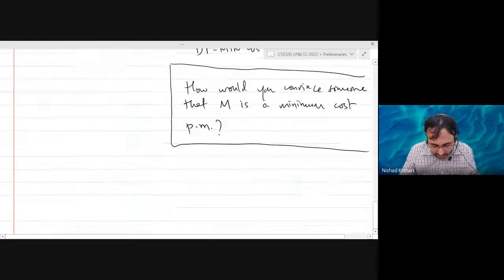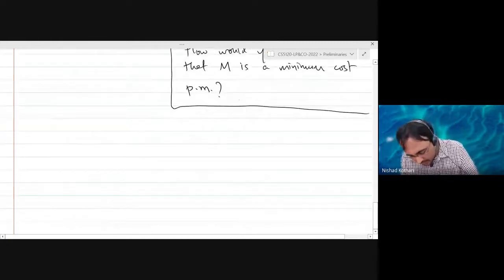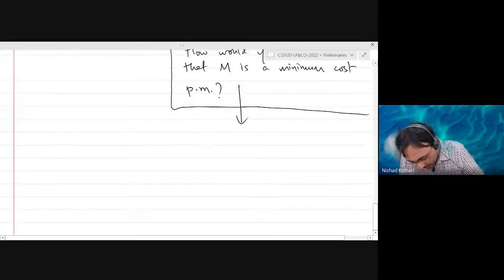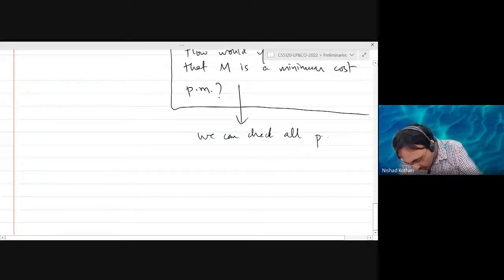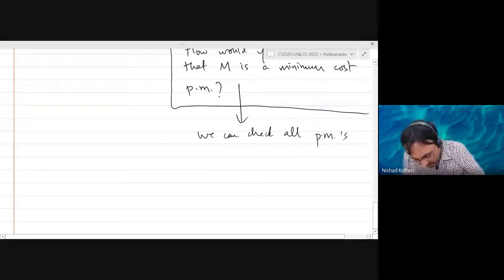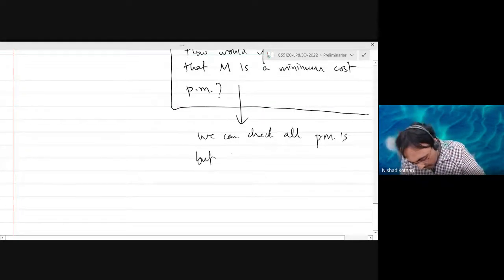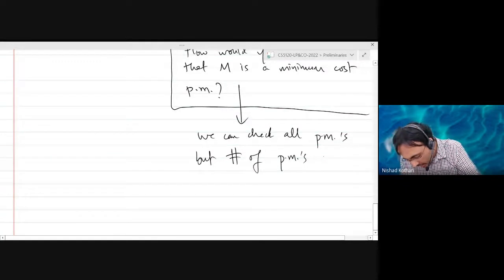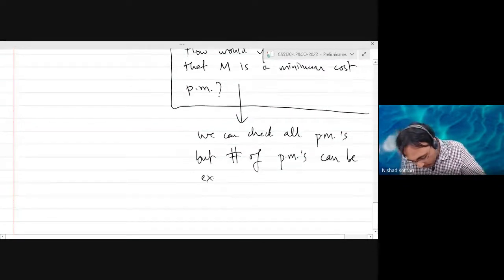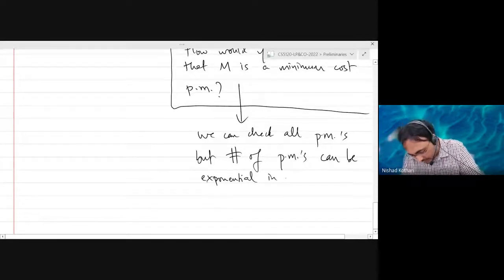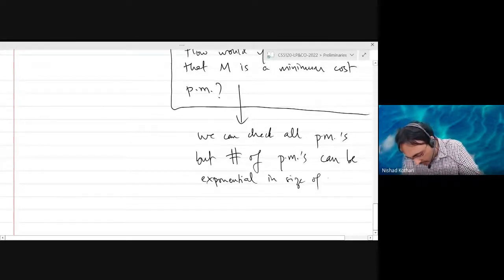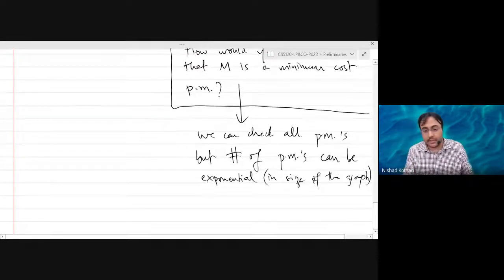The main point I want to make is that we can check all perfect matchings, but the number of perfect matchings can be exponential in size of the graph. So this is not an efficient way.